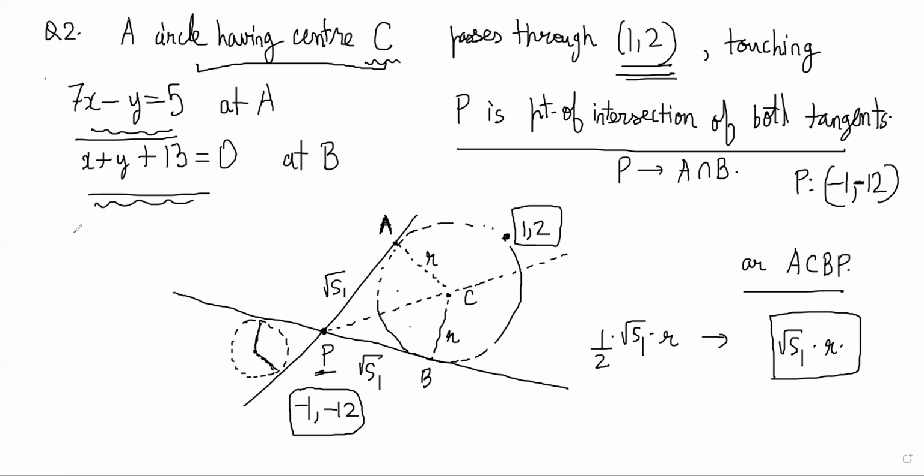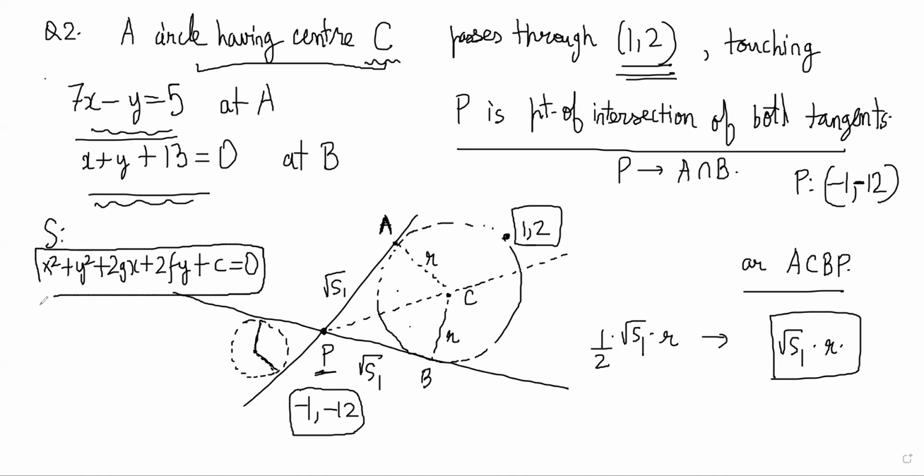Okay, we'll do it in a different way then. If the circle equation is in general written as x square plus y square plus 2gx plus 2fy plus c equals 0, we know several things. It passes through 1 comma 2, and the other point here is -1, -12.